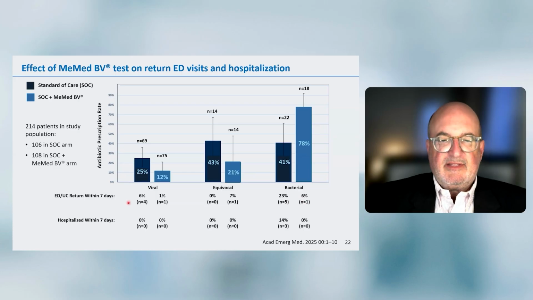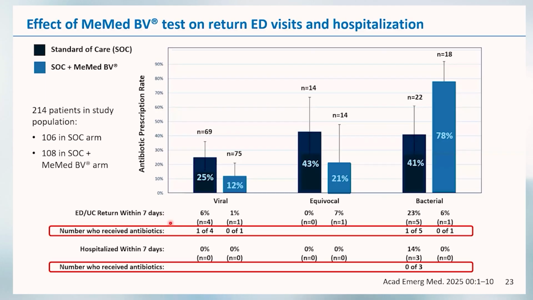So these numbers are small. So this is sort of a suggestion or consistent with the idea that this test can reduce ED return visits, but it's supported by the finding that only 1 of those 4 who returned received antibiotics, and none of those, the 0 of the 1 that had the knowledge of the viral score returned.